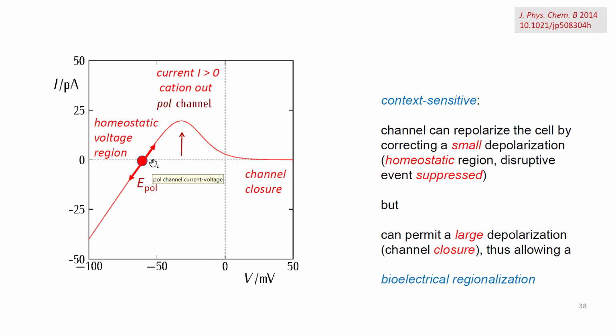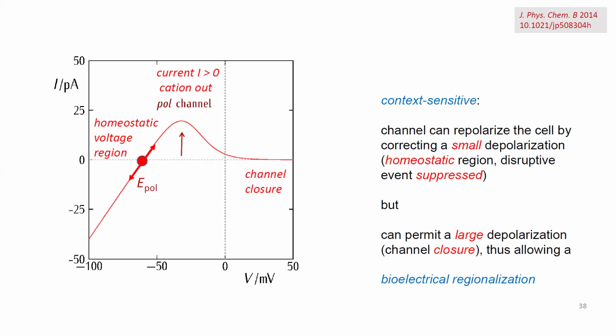However, if the deviation is high enough, if the cell suffers a strong depolarization and moves to low, in absolute value, cell potentials, the channel closes. And because the channel closes, bioelectrical regionalization should be possible. This is an interesting property of the model we are trying to put forward.